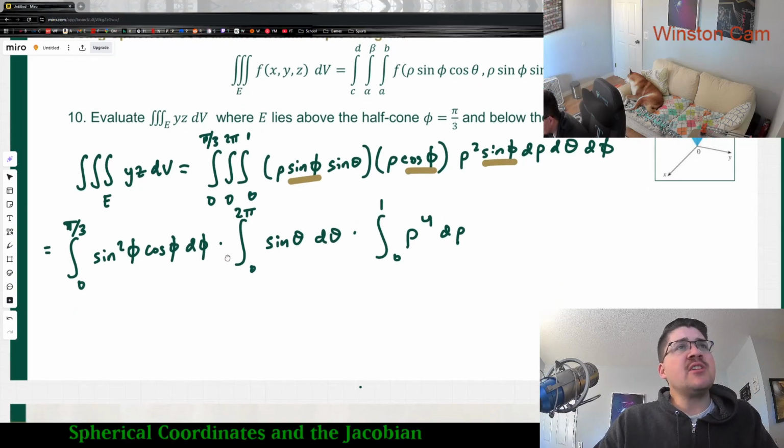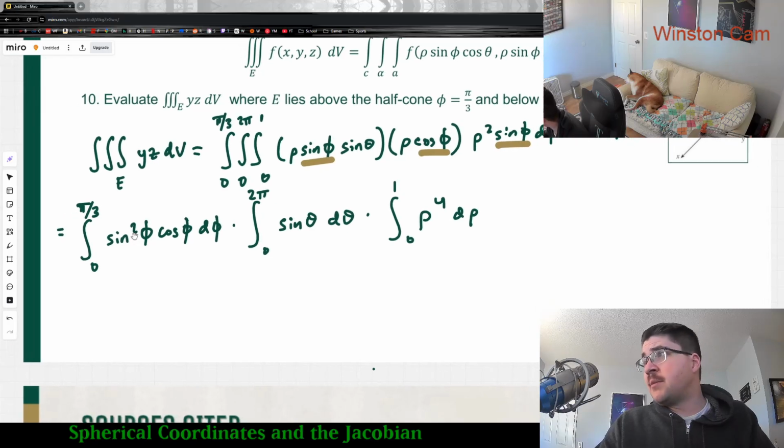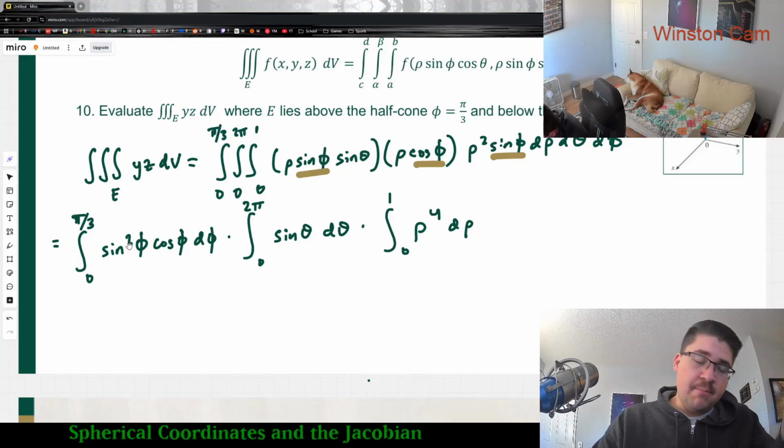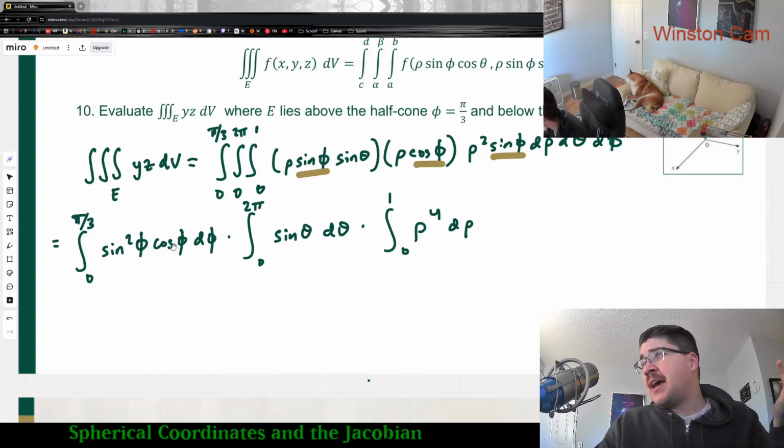Now thinking about each integral, the last two are not going to be too bad. This one involves a combination of trigonometric functions, which is pretty common when we're working with polar, spherical, and cylindrical coordinates, right? That's just how it is. So we could always go back into our Calc 2 notes to think about these things. But a lot of the time it will involve a U substitution or some form of an identity.